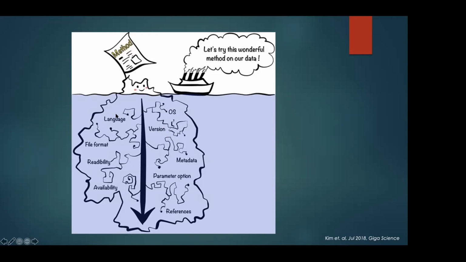Or the language that the people used has a version, for example the C compiler they used while writing that paper, but in your operating system that version doesn't exist and you cannot compile that code anymore. It means you cannot use their program.